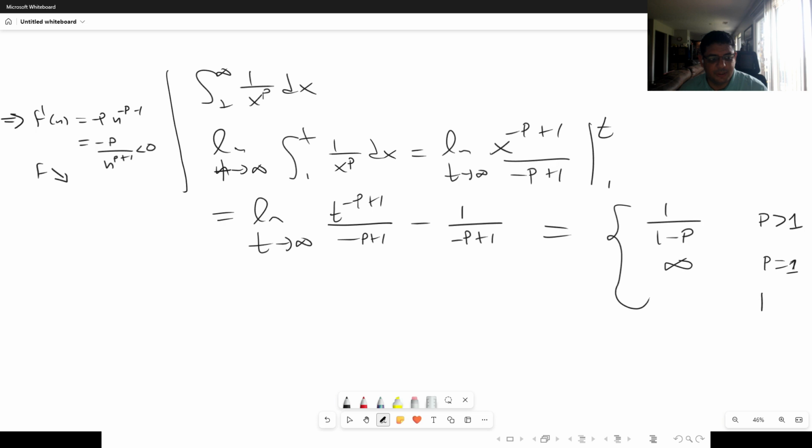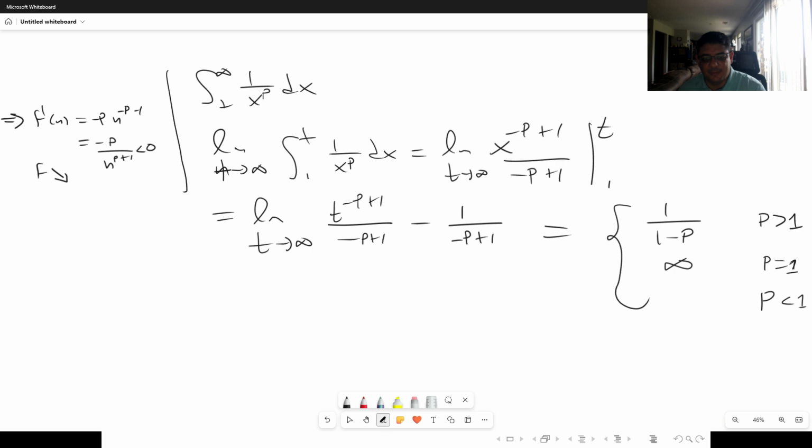And so now we're going to check what happens if p is less than 1 initially. Notice that if p is less than 1, then this is going to be a positive power here.